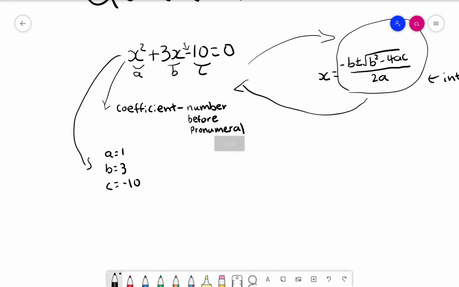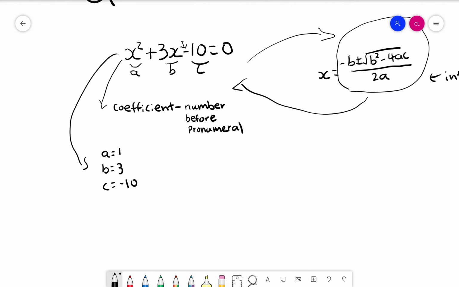So then we look back to this formula. Negative b plus or minus the square root of b squared, which is 3 squared, which is 9, minus 4ac.